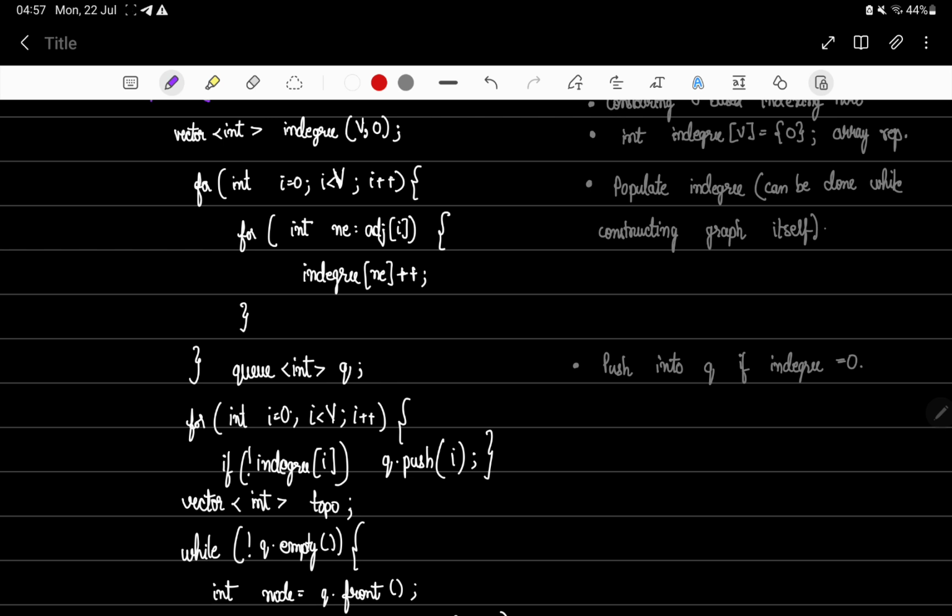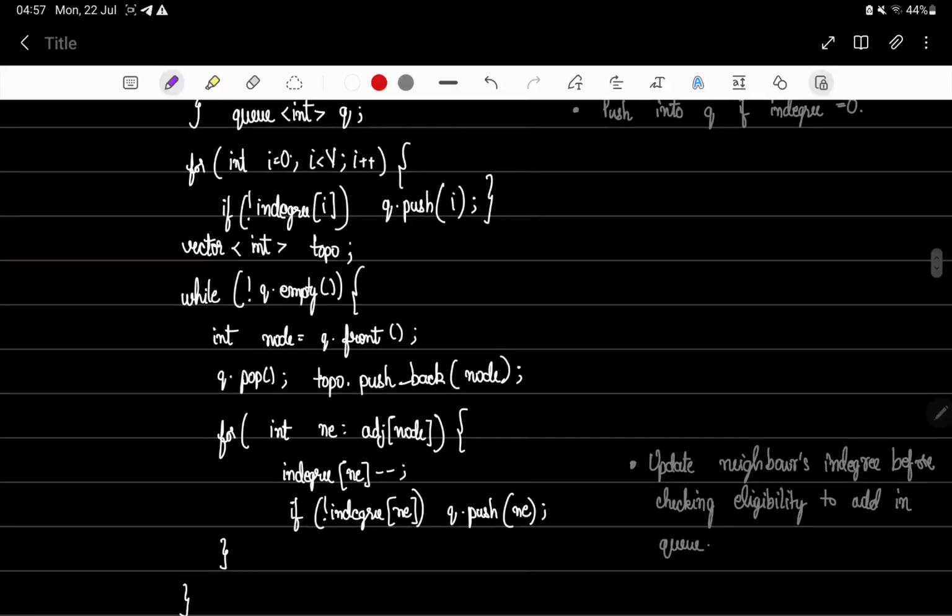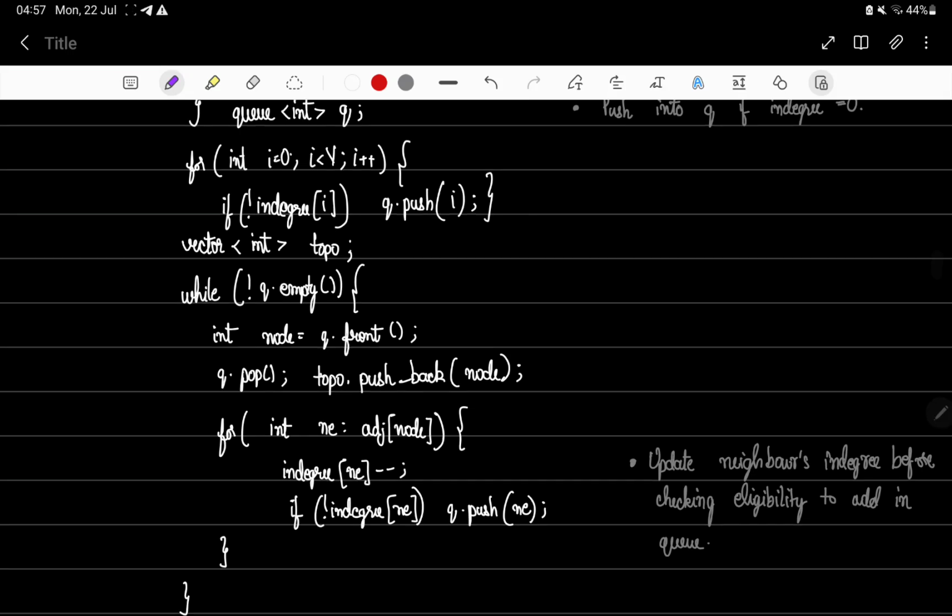Now we can see that we have just declared in-degree, and then we calculate the in-degrees. If it is 0, we push it into the queue first. Now we know that the queue won't be empty, so it will go into the while loop.